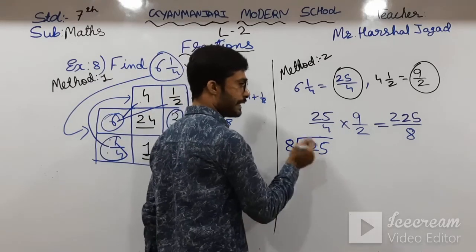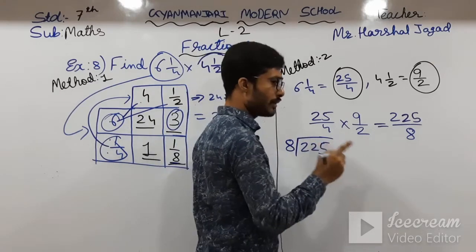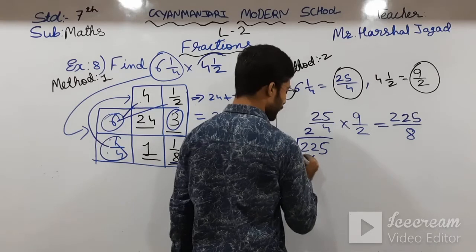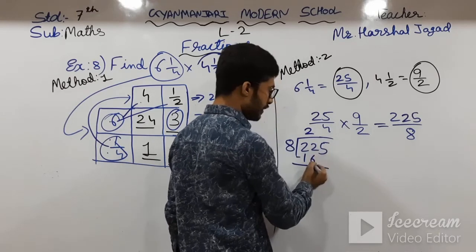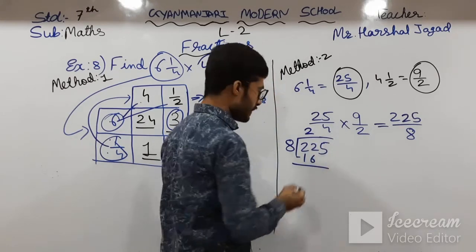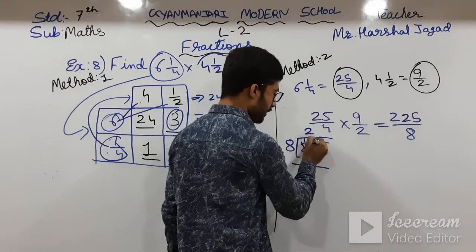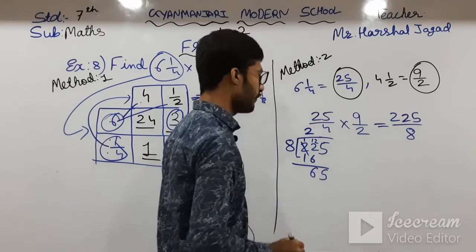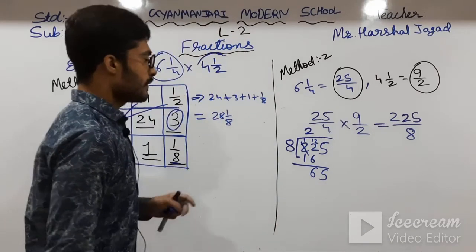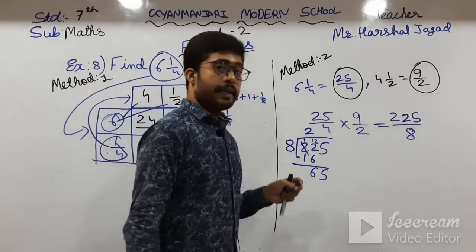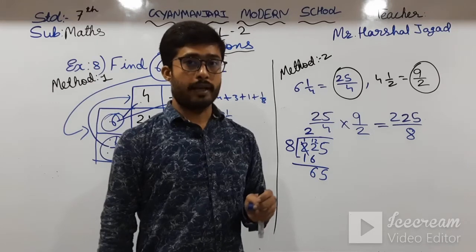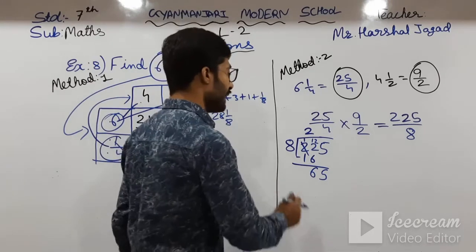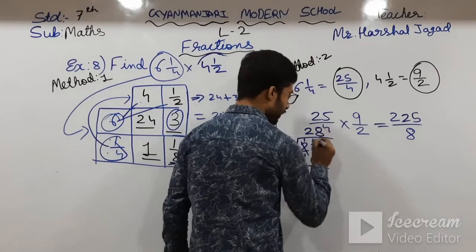Here there is 22, so we take 8 2s are 16, and the remainder is 6, bringing down the 5 gives 65. Now 8 5s are 40, we know 8 8s are 64.